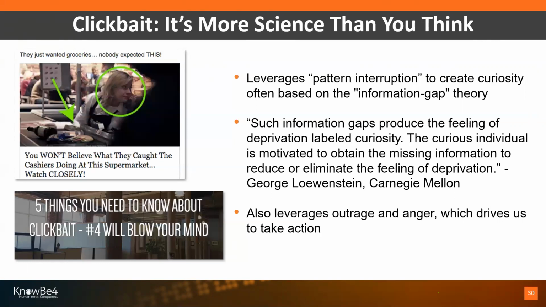If you want to save the world, go do this petition, and they'll have you enter a bunch of personal information you normally wouldn't because you think you're doing a petition. These sorts of things are being used over and over again. The one on the bottom left there I just love because it's 5 things you need to know about clickbait. Number 4 will blow your mind. That's actually a clickbait ad about clickbait. I think that's amazing that they did that.